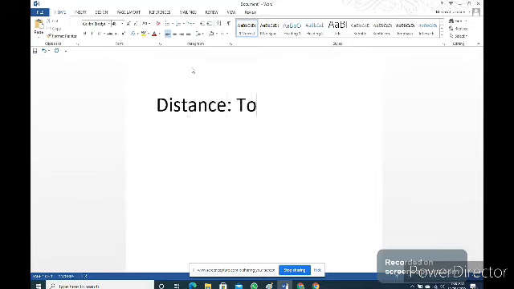So distance is a scalar quantity, displacement is a vector quantity.